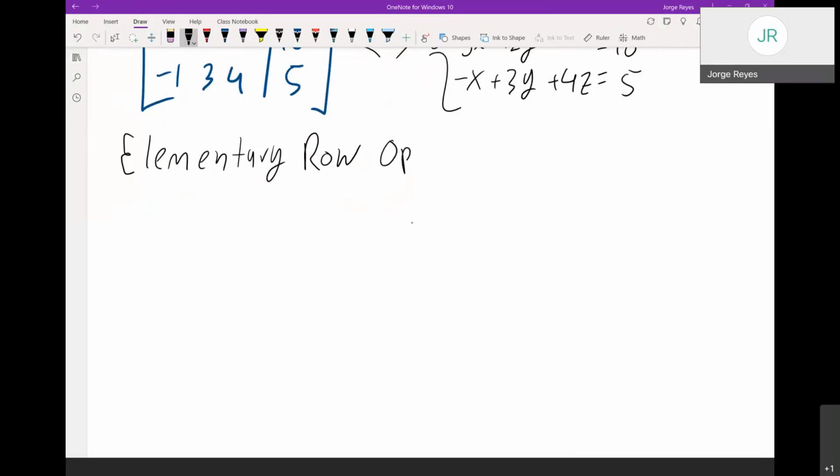Really, when the systems get bigger, we should all be using elimination. Elimination works because we have these elementary row operations, which is what I was doing last time, like R2 minus R1.